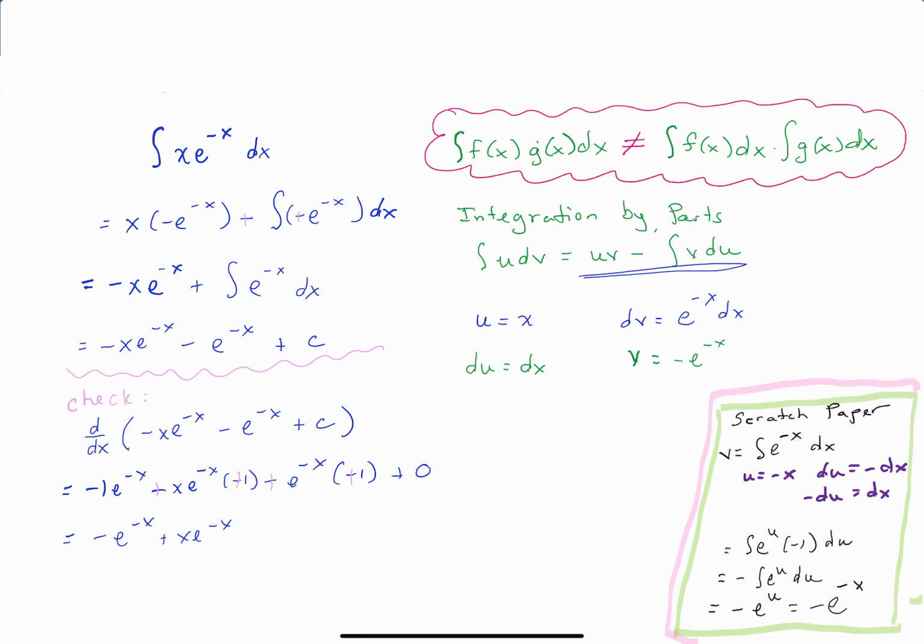So I have a plus e to the minus x. The e to the minus x's cancel each other out and leave me just x e to the minus x. And that's what I wanted to see. That lets me know that, yes, indeed, the thing I got is the antiderivative of x e to the minus x, because when I differentiate it, I get x e to the minus x.